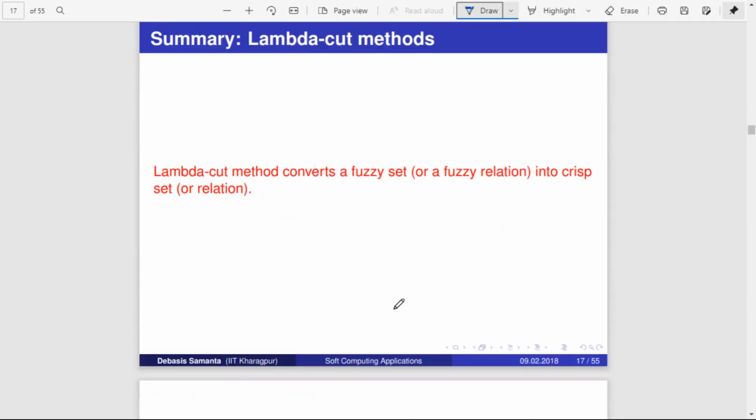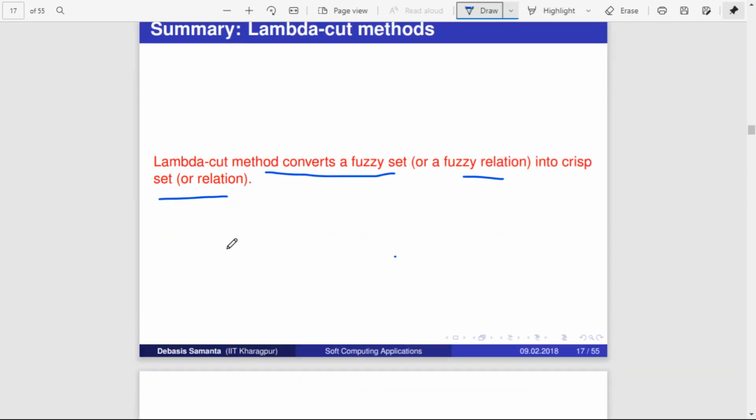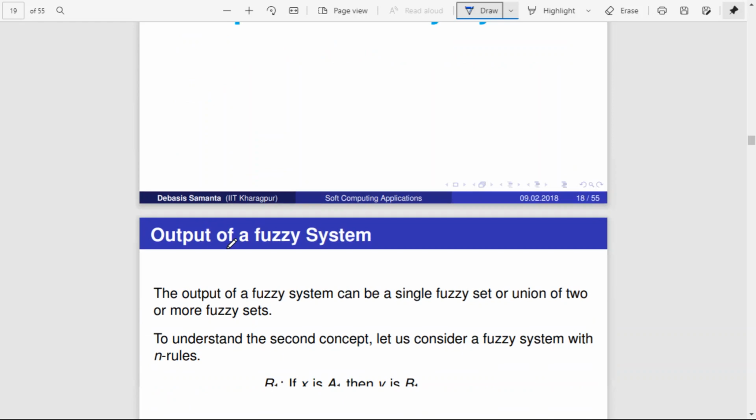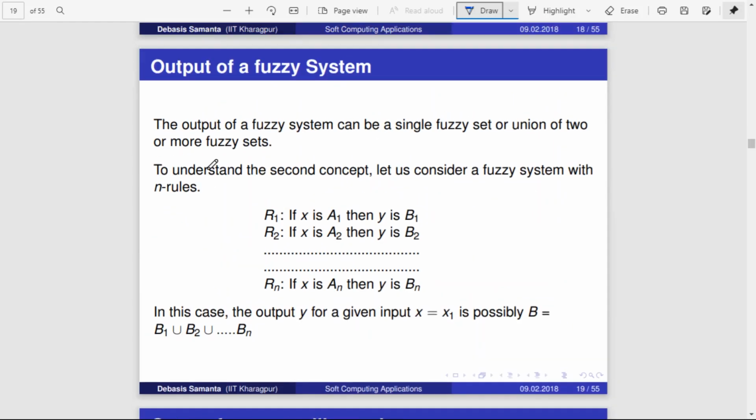So what we have discussed so far is that lambda cut methods convert either a fuzzy set or a fuzzy relation into a crisp set or a crisp relation. Now the output of a fuzzy system can be either a single fuzzy set or sometimes a union of two or more fuzzy sets.